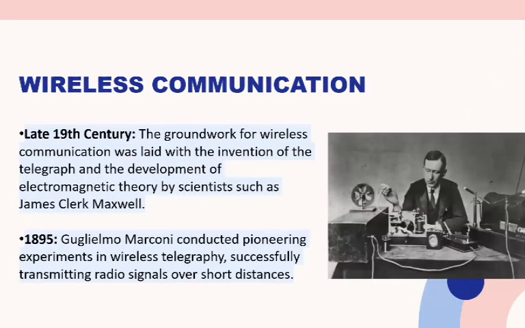Let's get started. The first thing to start with was wireless communication. For the first time in the world, wireless communication started in the 19th century when a scientist named Marconi, a pioneer, did an experiment in which he successfully transmitted a radio signal over a short distance. That was the first time wireless communication happened in the world.